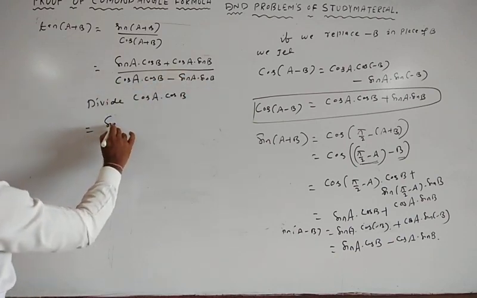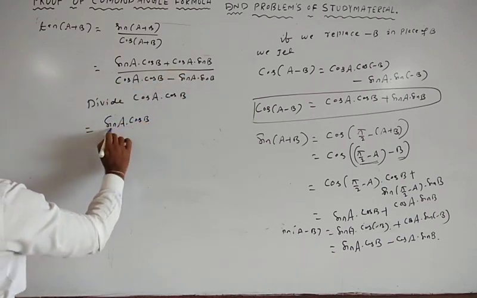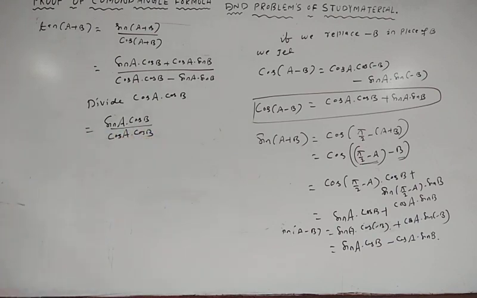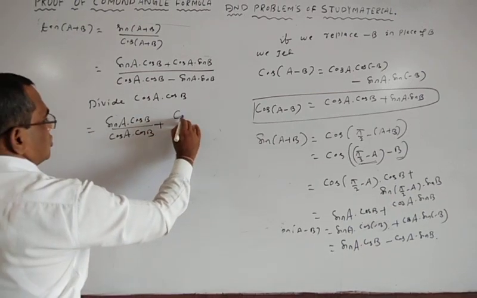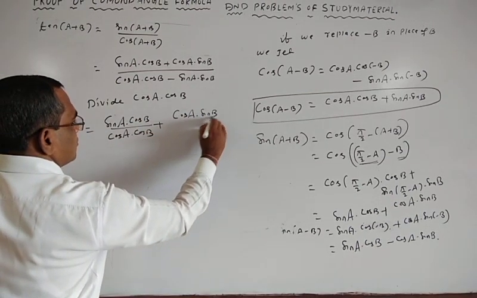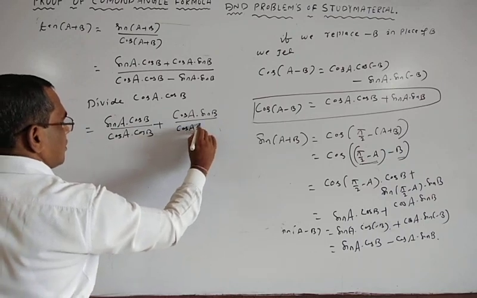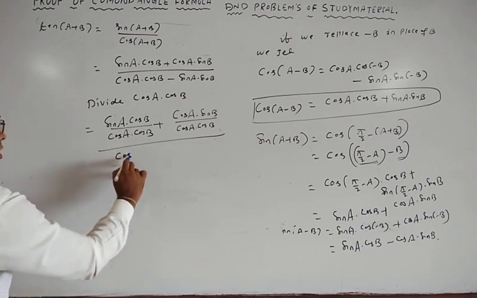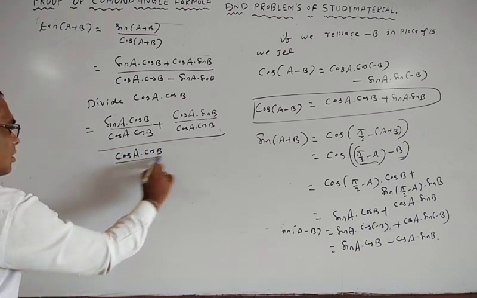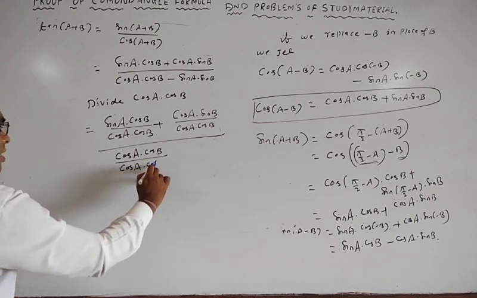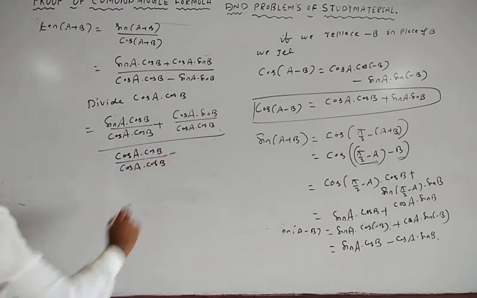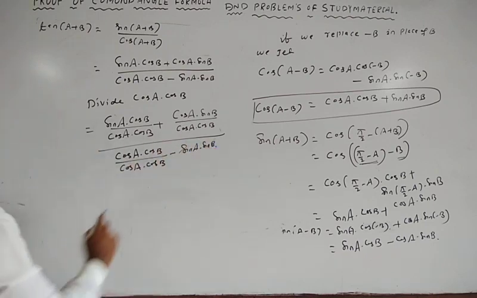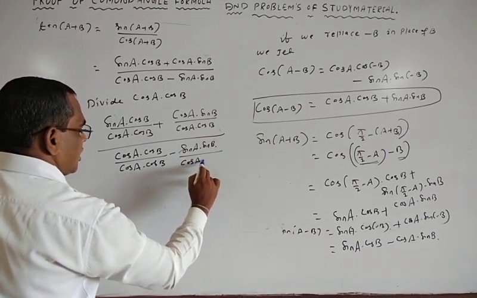That is sin a into cos b by cos a cos b plus cos a sin b by cos a cos b, whole by cos a cos b by cos a cos b minus sin a sin b by cos a into cos b.